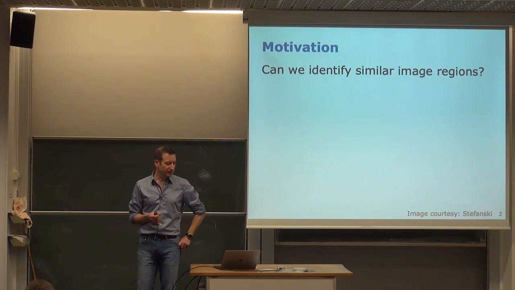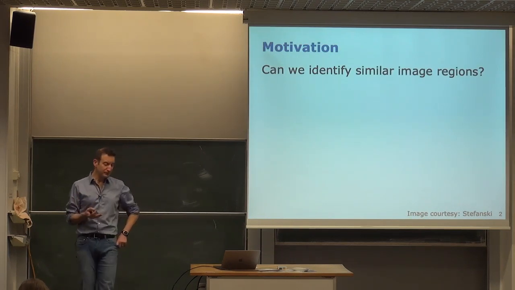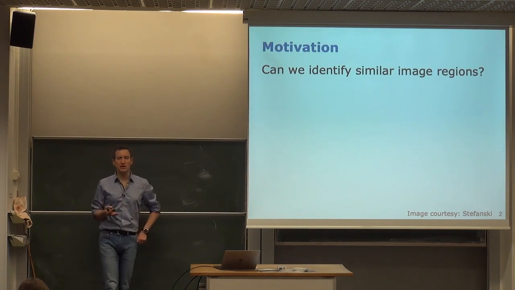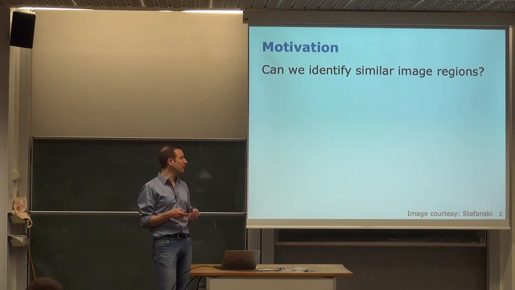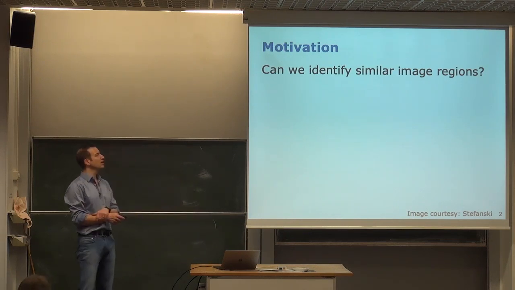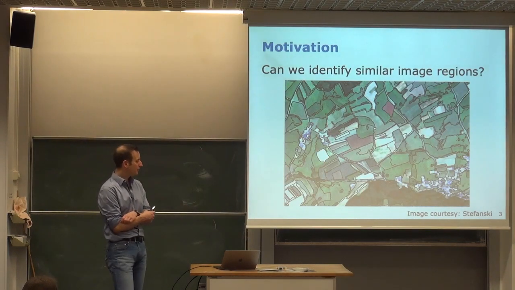So why is this relevant? Just one example. You have an image and you want to group similar regions in it. Let's say you're flying with your UAV, or you get a satellite image, an image taken from above of a ground surface.